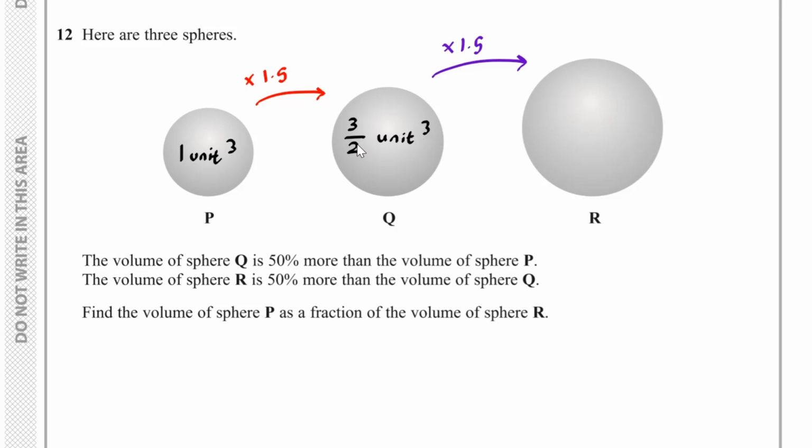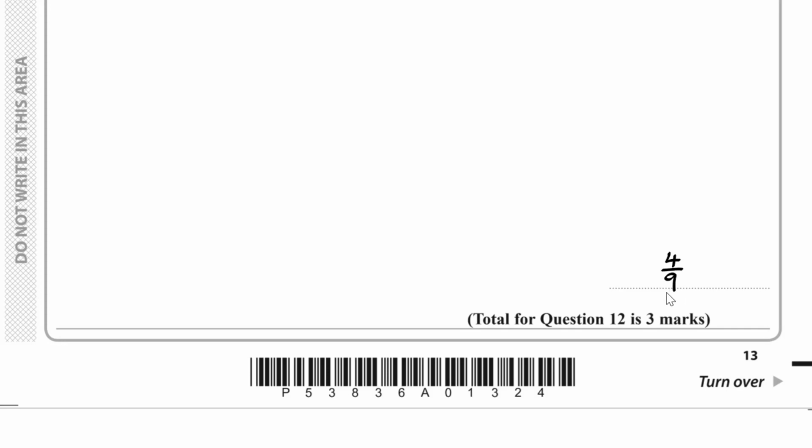And if we multiply 3 over 2 by 1.5, we get 9 over 4 units cubed. And therefore, as a fraction, we have 4 over 9, because P over R, essentially, that's equal to 1 divided by 9 over 4, which is 4 over 9. So we have 4 over 9.